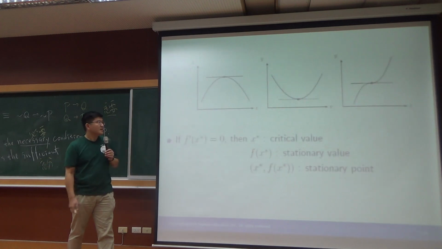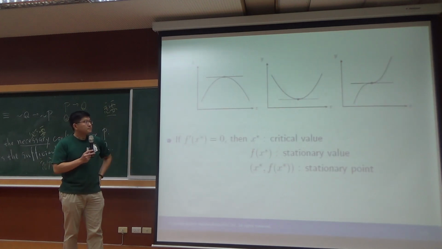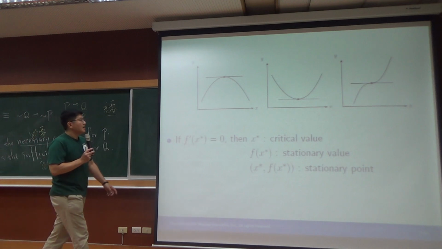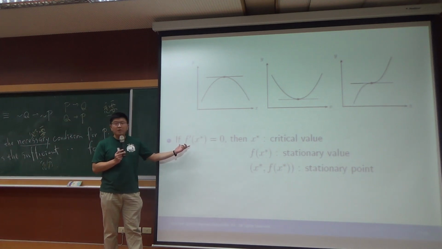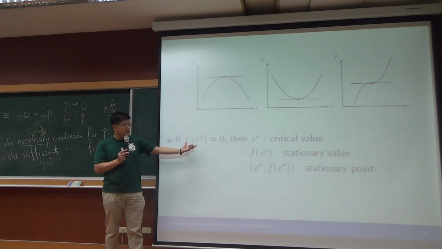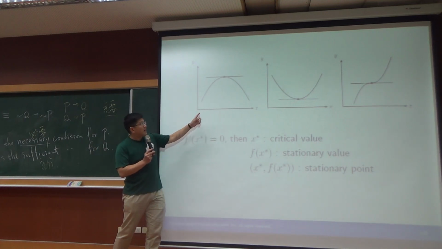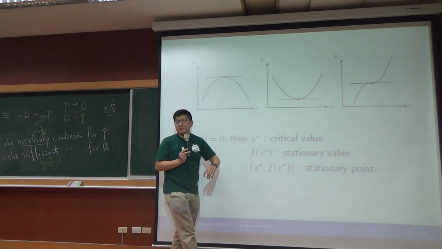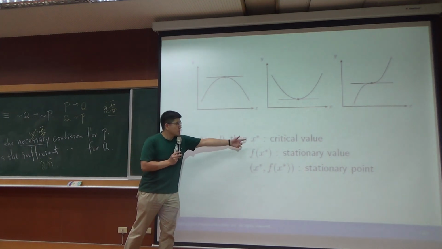All right. So, okay, this is the new one. It's just some terms. If f prime of x star is 0, which means the first order condition, so for either maximum, minimum, or inflection points, we call it x star.